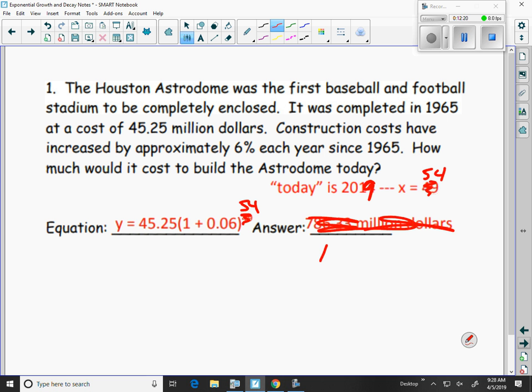It's one something. 105. Yep. Wait, isn't that million? Well, it's increasing. Oh, because it went over. Yep, increasing, you're right. So that would be a billion. Okay, we agree on that?